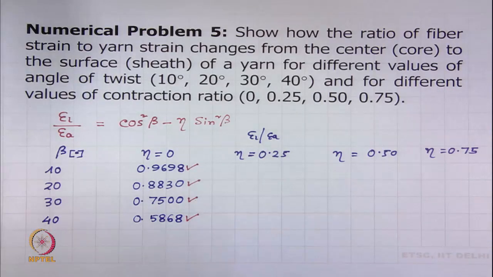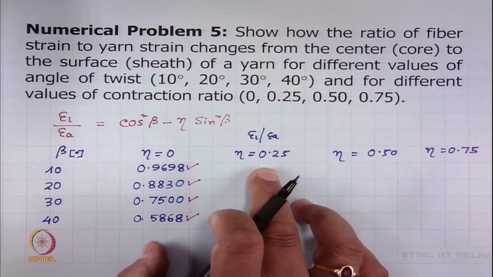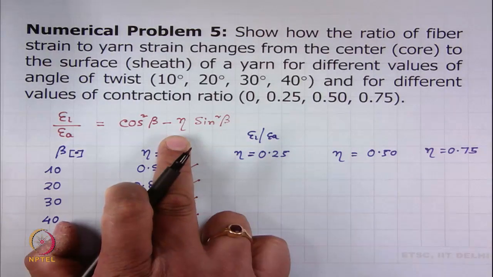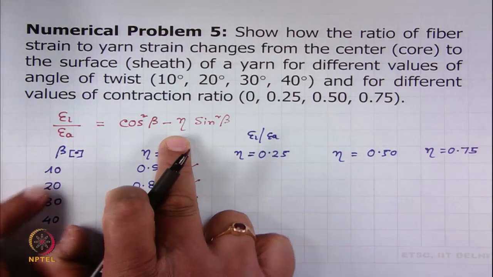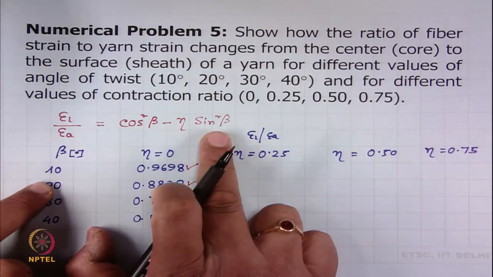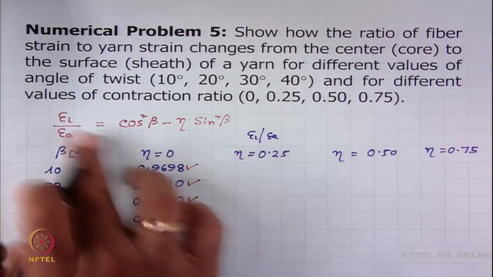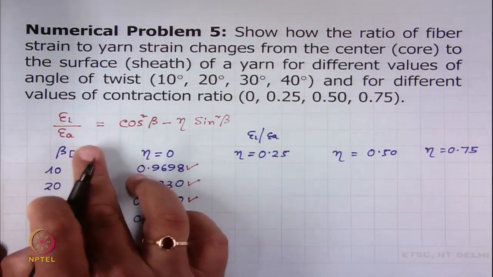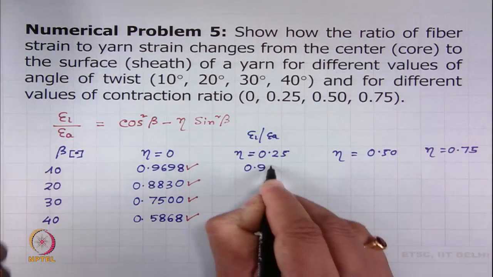Let us start with contraction ratio 0.25. If in this expression eta is equal to 0.25, when beta is equal to 10 degree, the value of this ratio epsilon L to epsilon A will be 0.9623.